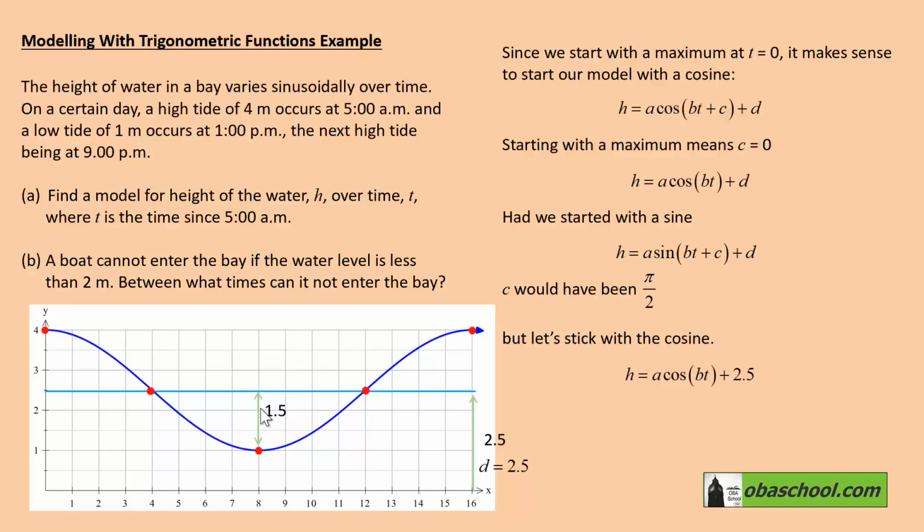We can see the amplitude here is 1.5, and that tells us a is 1.5. Remember, the amplitude on the standard graph is 1. So we've now got to here. We just need to work out the b. That's usually the most difficult bit, but we'll look at that next.